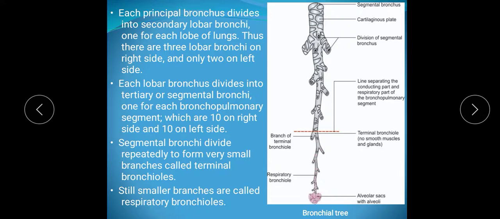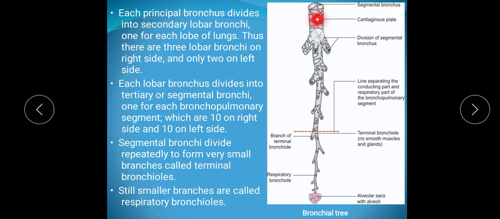Each segmental bronchus divides repeatedly to form very small branches called terminal bronchioles. Still smaller branches are known as respiratory bronchioles. This is the bronchial tree.